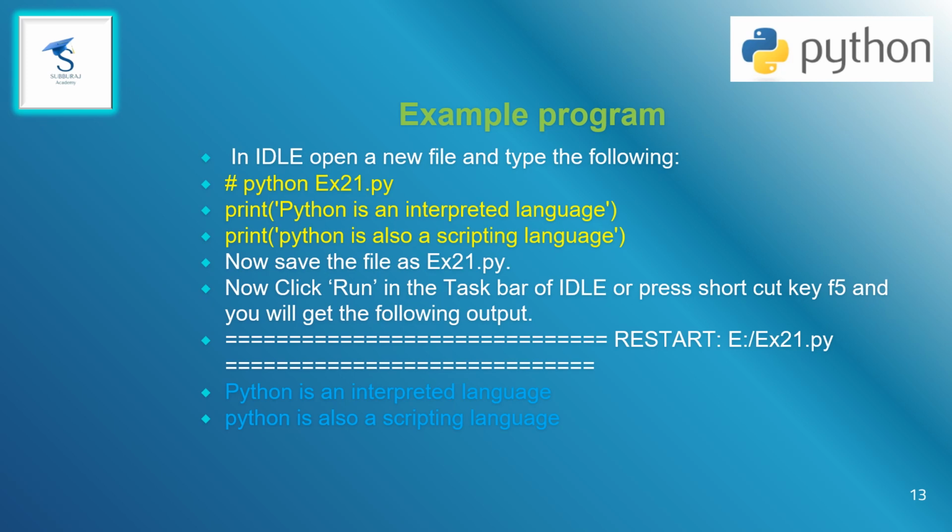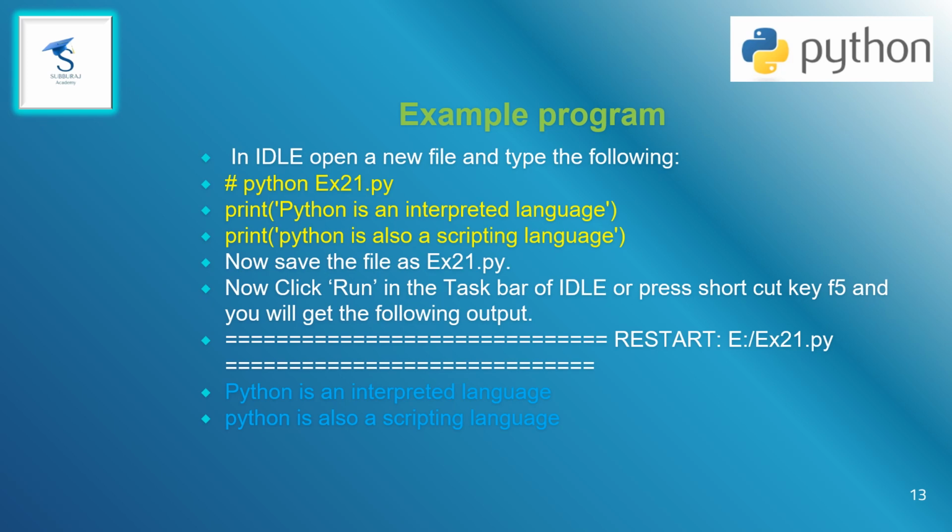You can have any statement. Now just save the file as ex21.py. You can give any name you like. I would suggest you keep a separate folder for Python programs. Here I have said ex21.py because the program appears in my second chapter and is the first program. So that's why I'm calling it like that.